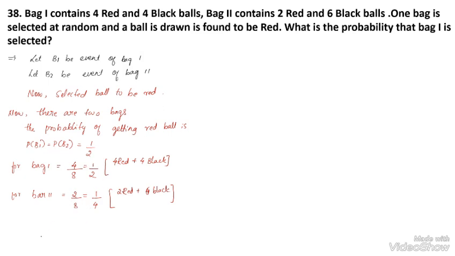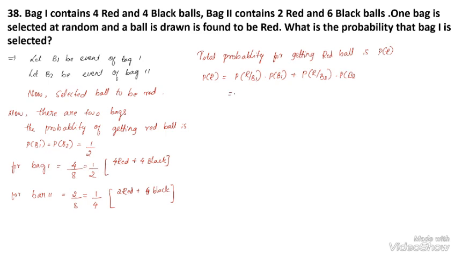Now, the total probability of getting a red ball, probability of R, is equal to probability of red ball from bag 1 into probability of bag 1, plus probability of red ball from bag 2 into probability of bag 2.